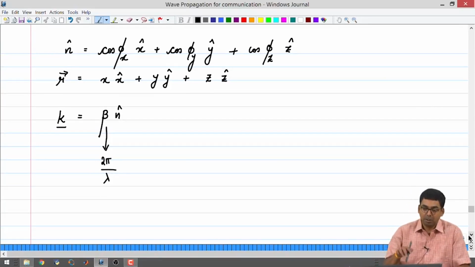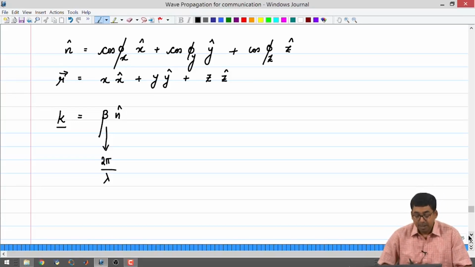Remember that we have talked about the coordinates, we have not described the medium. The medium could be air, water, slightly conductive, or a poor dielectric. In any of these media, in the previous classes we have seen that beta could be different. We also saw that as omega increases, alpha could be different, beta could be different.